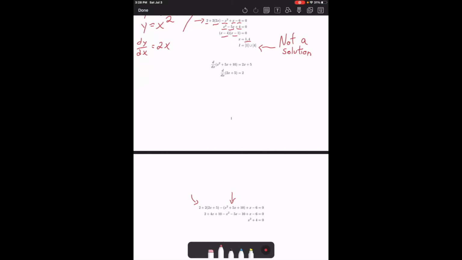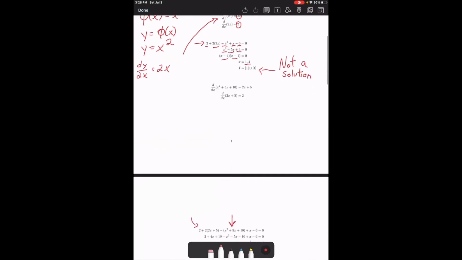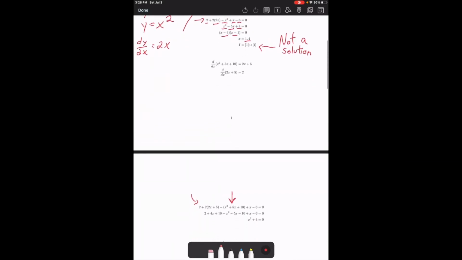To reiterate, the reason that x squared plus 5x plus 10 is the y value is because we are measuring whether this phi right here, x squared plus 5x plus 10, is a satisfactory replacement for y. So we get to substitute it in. Now that we have this equation, we are going to simplify to the best of our ability.